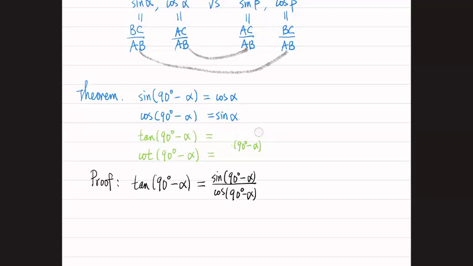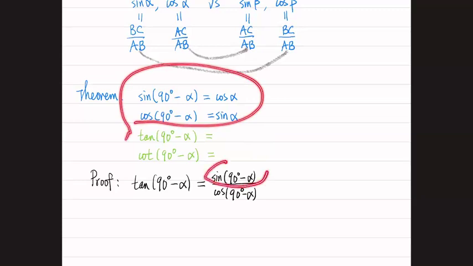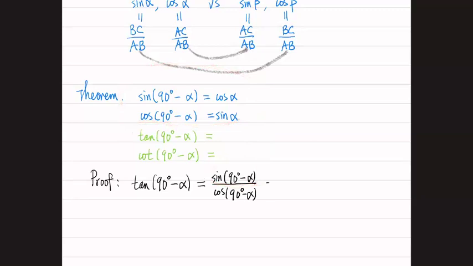Okay, now we are going to apply the two formulas we already obtained. Aaron, what do you say about the numerator? Can you simplify the numerator? Cos alpha over sin alpha, which is cosine over sine. Right?